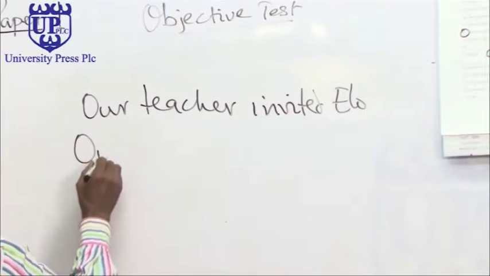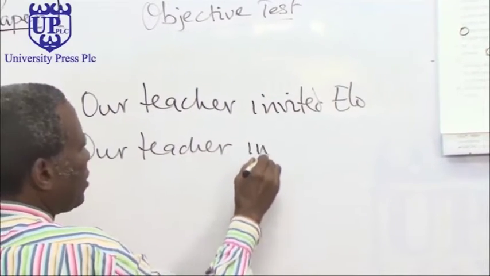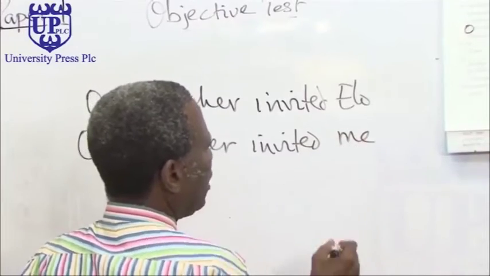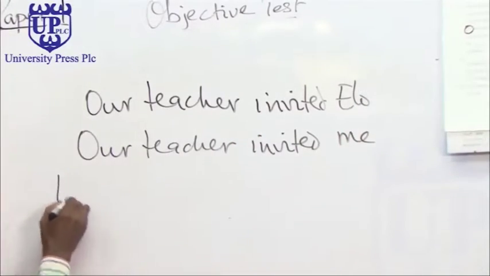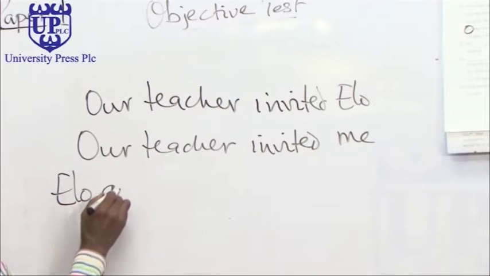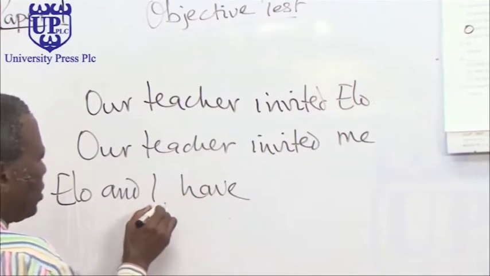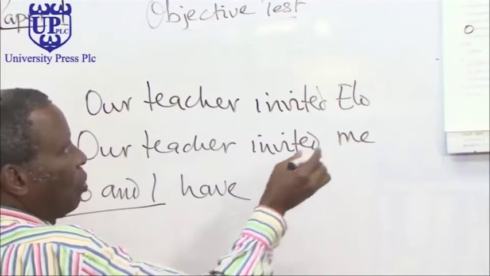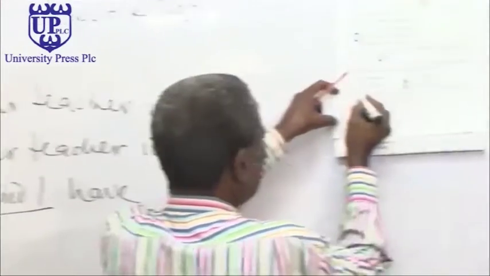Our teacher invited me. You can't say I, because it is object position. If it is subject, then you can say Elo and I have been invited. That's the subject position. But what is here is me, not I. So a teacher invited Elo and me to his house.